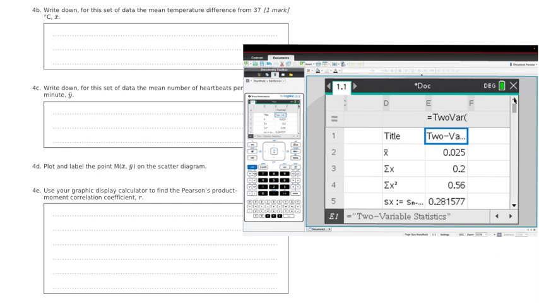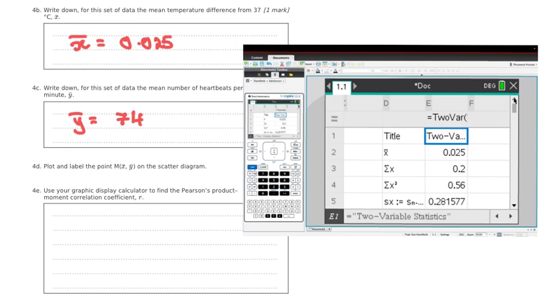From the GDC, you find that X bar is equal to 0.025. You find that Y bar is equal to 74. For part 4D, you plot those on the scatter diagram, which I have already done.